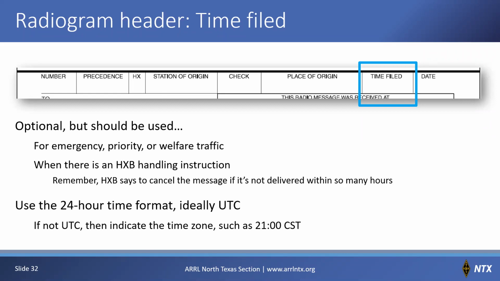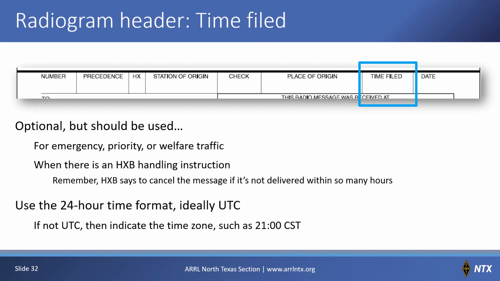So I need diesel fuel for the generator in 4 hours. Well, if it's 4 hours later and the message hasn't gotten through, now I don't need the fuel anymore. I'm going to need something else. So cancel it and send a service message back saying message undelivered, it timed out. Well, I need to know what time it came in order to know if that time has passed.